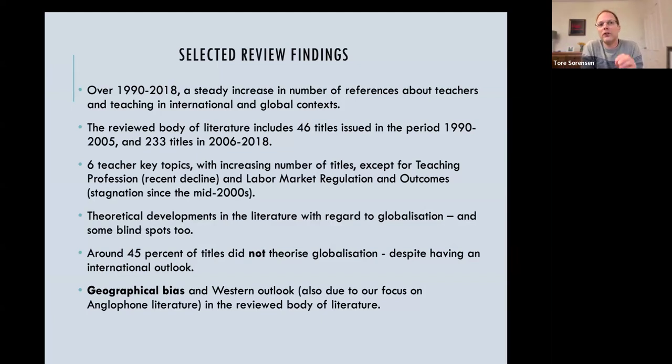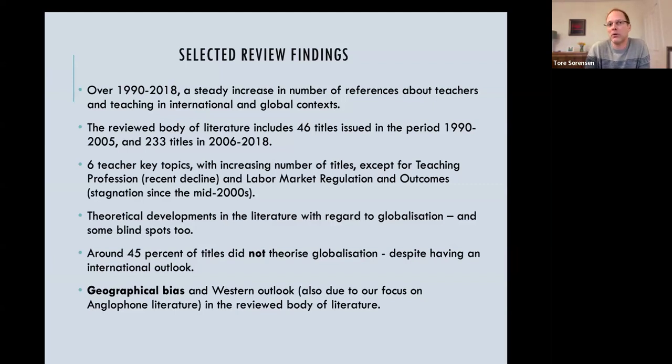We could also look at the use of theory, and based on the literature, we could discuss the epistemic gains, so to say: what can different theories be used to explain, and what are the blind spots in the literature. We could also point out what proportion of the studies included in our review did not theorize globalization at all.